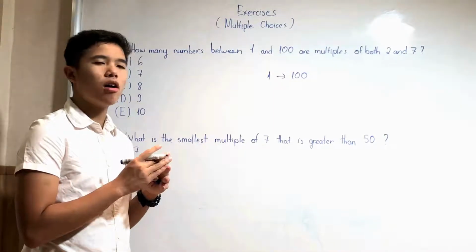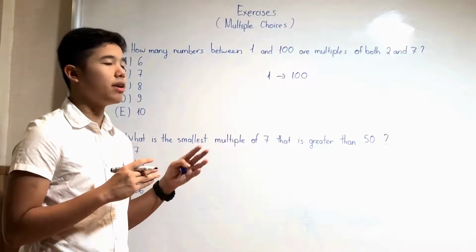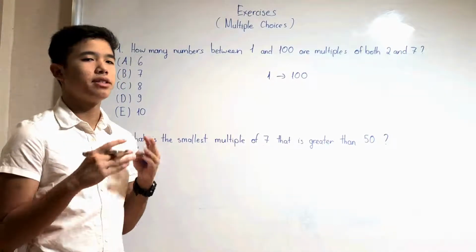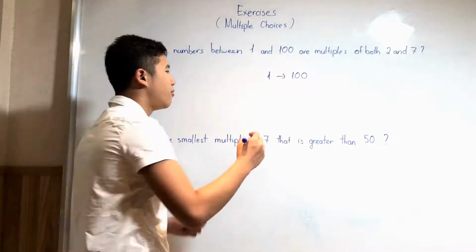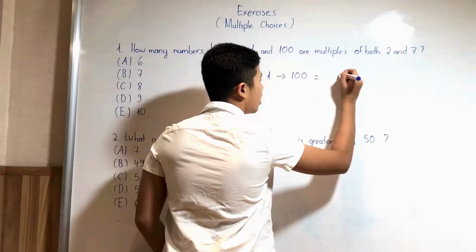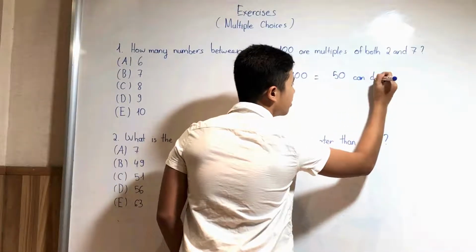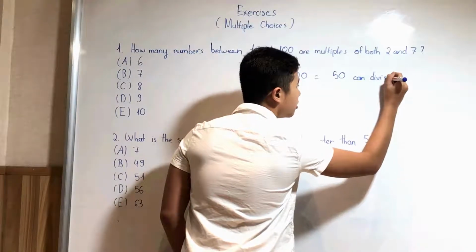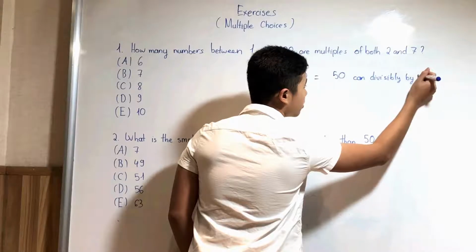So half of the numbers from 1 to 100 are even and the other half are odd. Half of 100 is 50, so there are 50 numbers that are divisible by 2.